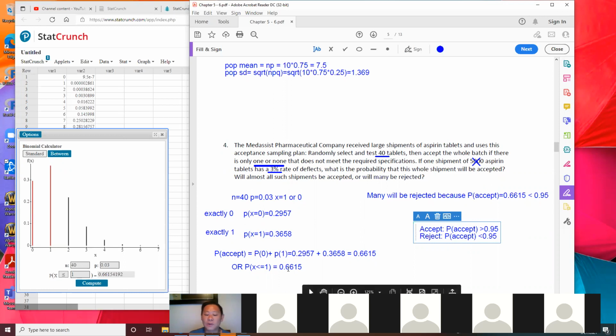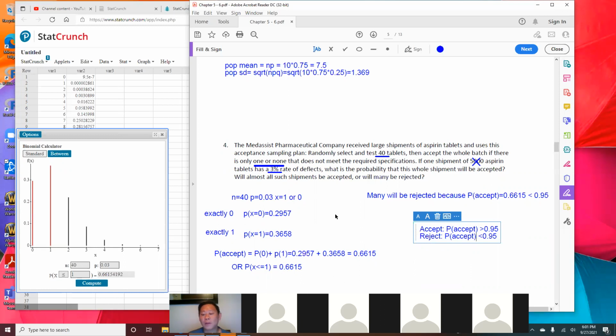Because in this case it's only 66%, it's less than that. So we will reject. Just for this question, and don't get this mixed up with significantly low and significantly high. They are two different things.